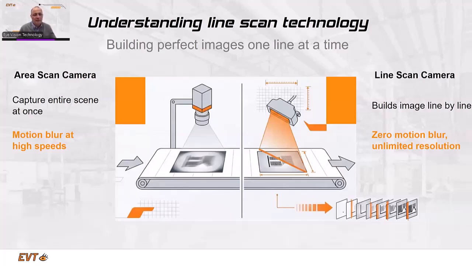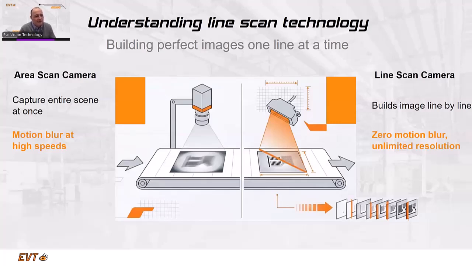Another advantage of the line scan cameras is the illumination. If you have an area scan camera, especially, you have to illuminate the complete area. And if it's a large object like a wooden panel, which is really large, it's difficult to have a homogeneous illumination over the complete object.